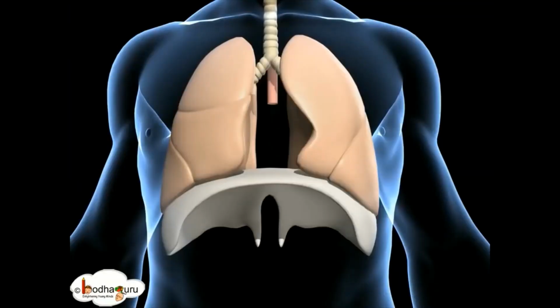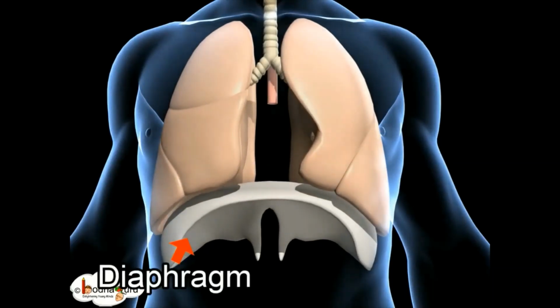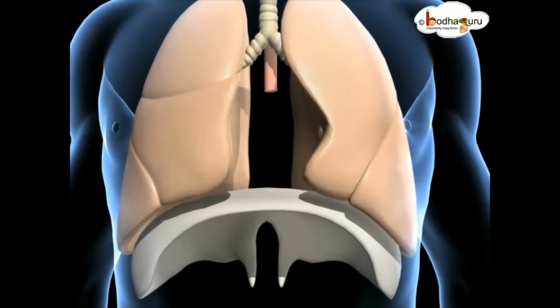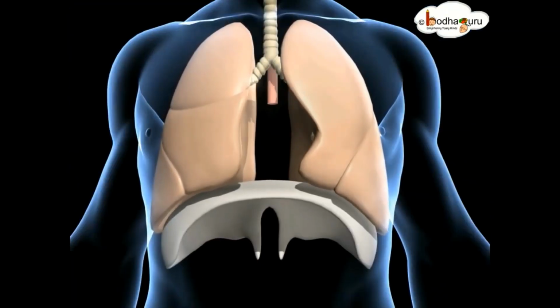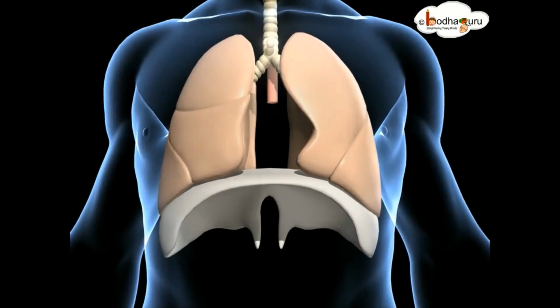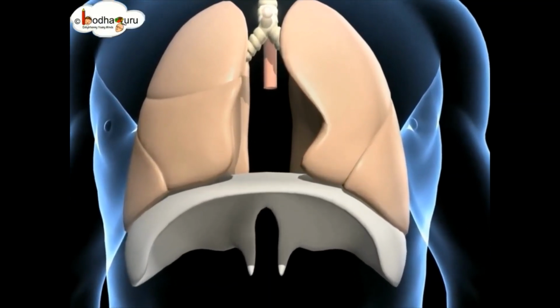How do we breathe the air out? The diaphragm moves downward, creating space for the lungs to expand, decreasing the air pressure in lungs. When diaphragm moves up, putting pressure on the lungs, then the air from the lungs moves out of the body or gets exhaled.